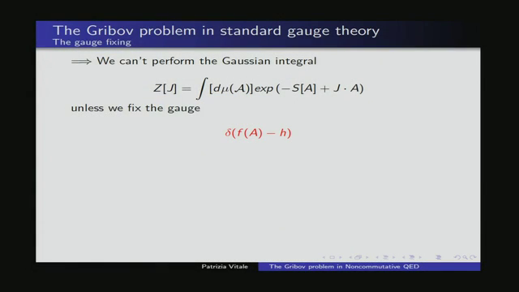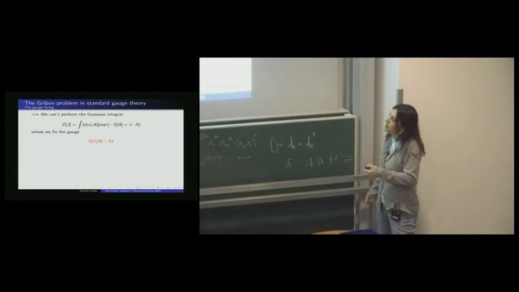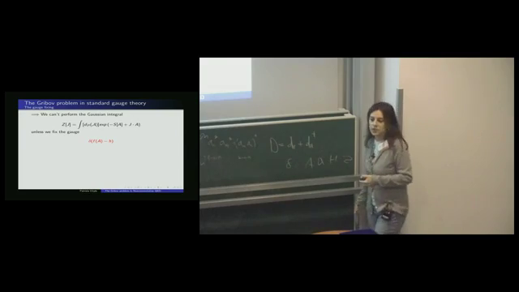And this is done by introducing into the action a delta function. This f of A minus h is a gauge fixing.